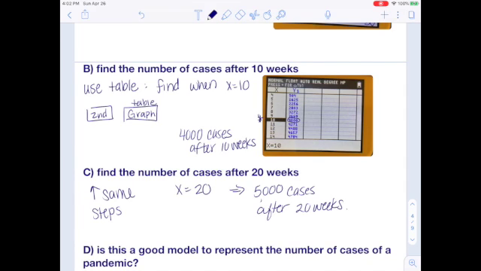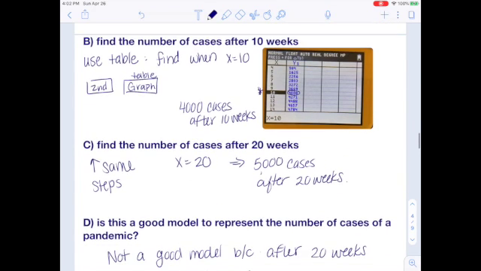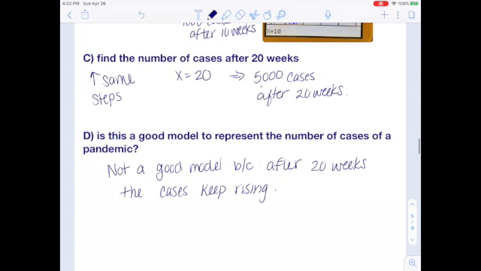Just be careful. So we see that 4,000 cases occurred after 10 weeks. And then I scrolled more down to tackle part C, find the number of cases after 20 weeks. I just scrolled down until I saw x is equal to 20, and that was 5,000 cases after 20 weeks.